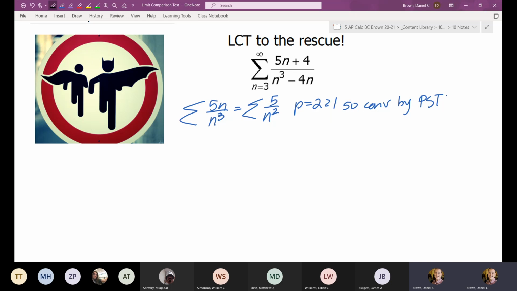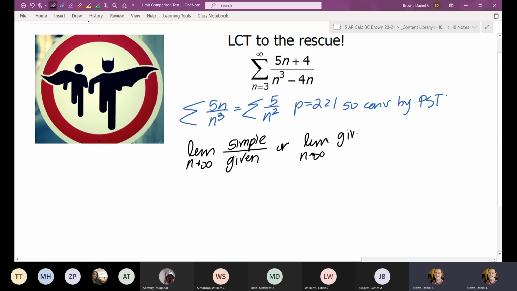There are two ways you can set it up. The formula is the limit as n goes to infinity of either the simple one over the given, or the limit as n goes to infinity of the given one over the simple one.